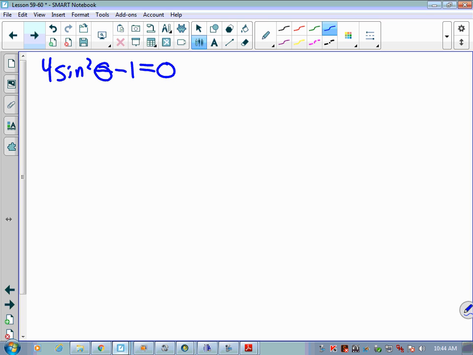The way I write this at the beginning is 4x squared minus 1. Whether or not it looks like it, that is a difference of squares factorable equation that will come down to (2x minus 1)(2x plus 1), and we would set each of those equal to 0.